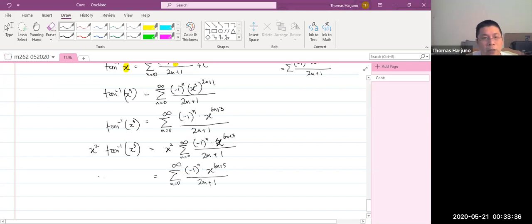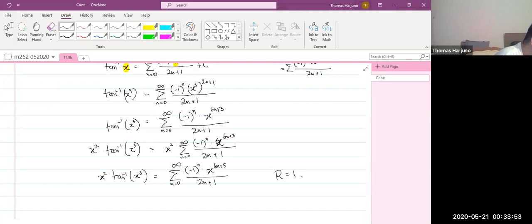That's the power series representation that we developed from the geometric series. So the radius of convergence is still 1. That's a lot, huh? I'm sorry, that's the easy one.